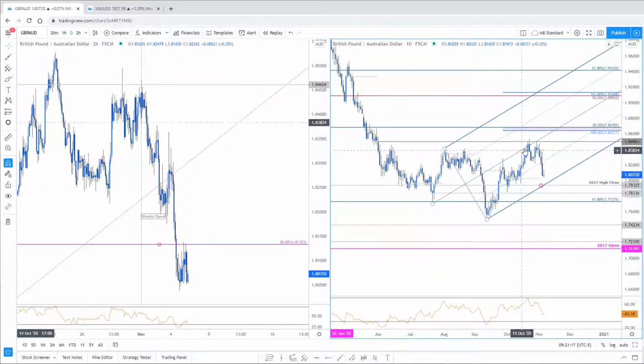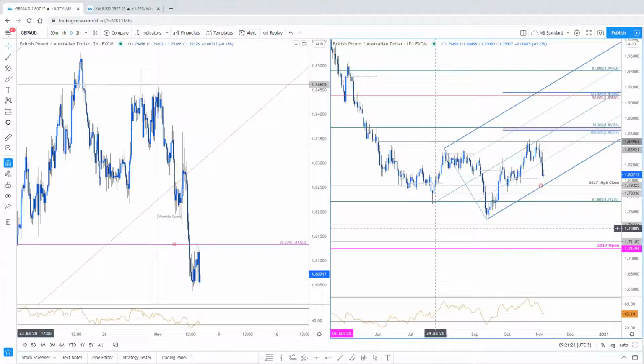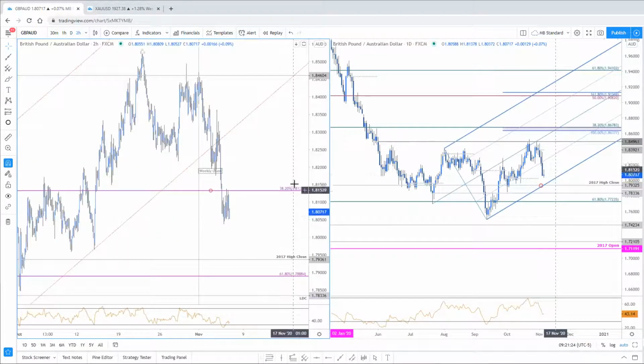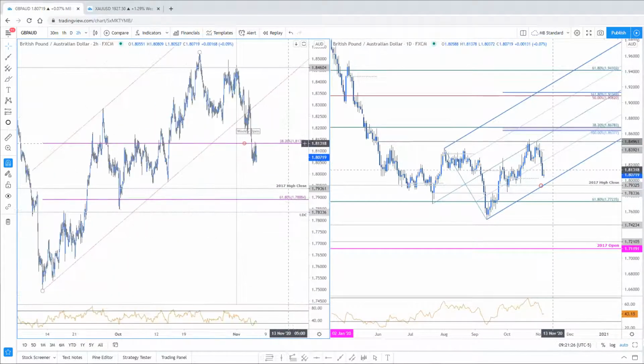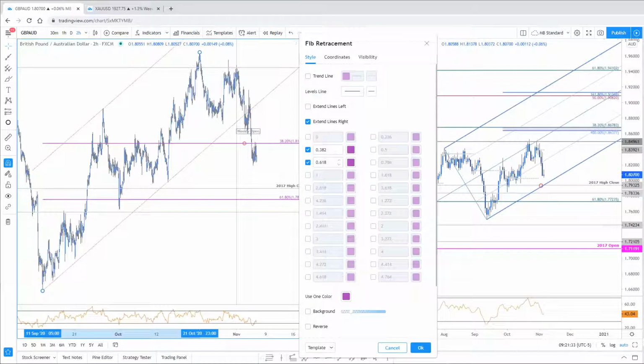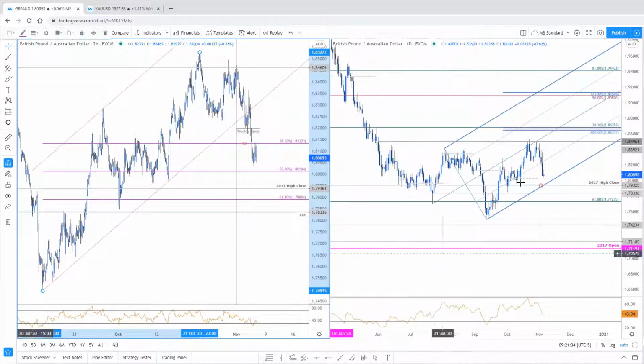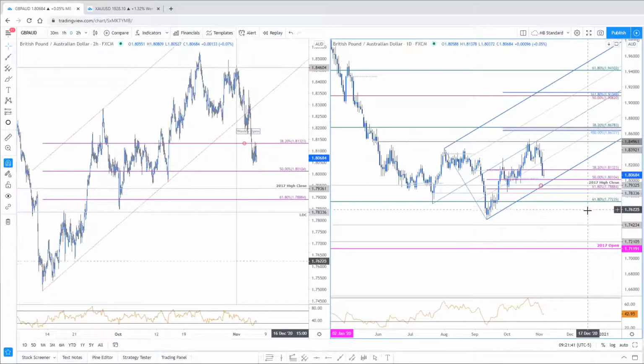So the upper parallel, or the median line at least, held. First draw, break. Okay, bear with me one sec. We already have the retracement on here. Might as well just add your 50 since you're there.